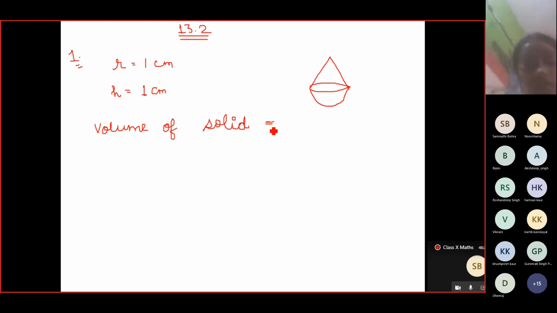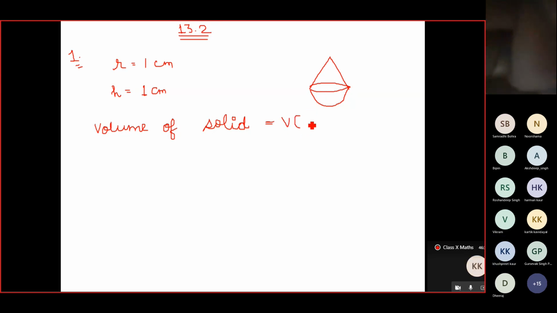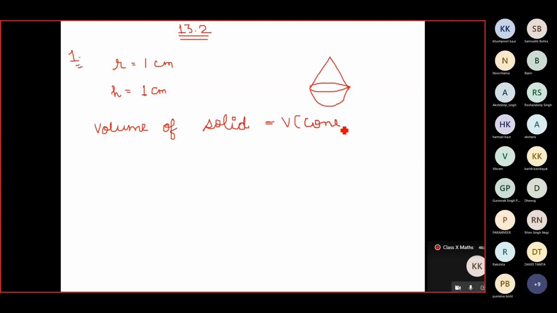Two things are there, one is hemisphere, another is cone. Volume of cone plus volume of hemisphere. Very good. Simple thing it is.